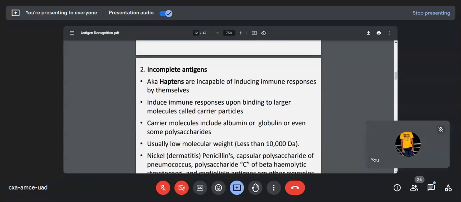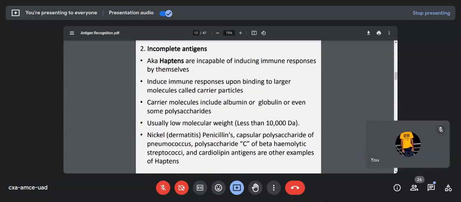Okay, how would I say it? What are some of the characteristics of a molecule to be regarded as a hapten, or in other words, an incomplete antigen? The characteristics are: it should have a low molecular weight. By low, it means it has to be less than 10,000 Daltons. Remember, I said for a molecule to be a complete immunogen, it has to have a molecular weight of more than 10,000.